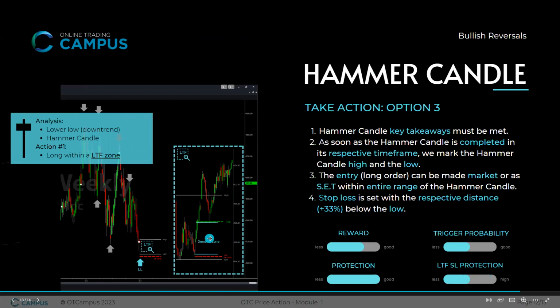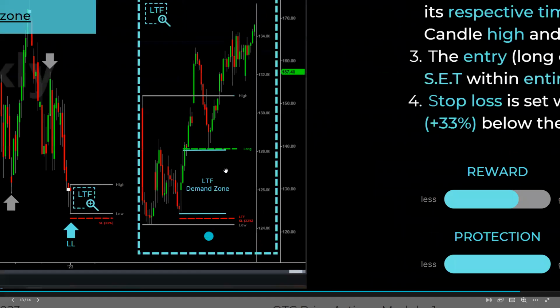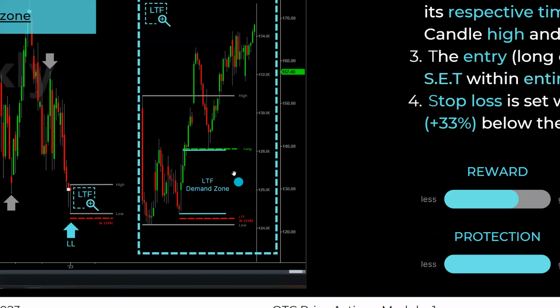We don't know. It's possible that we are stopped out here in the zone, right? That we come back into this demand, move higher, and then we are stopped out. It is possible. We don't know. That depends on your experience, trade plan, and reward, right? Never right or wrong, but here the best protection definitely is this.